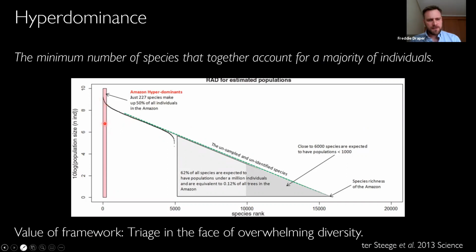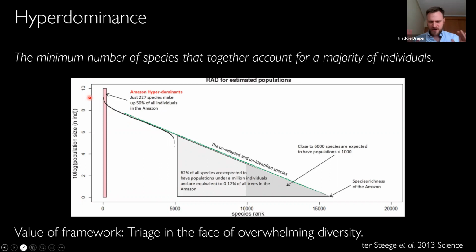which is the idea that in the super diverse system, where you might have a 16,000 species estimate, you have 5,000 documented. So this is a rank abundance distribution, with the most common species on the far left, moving steadily towards the least common. But just 227 species made up 50% of all individual stems.